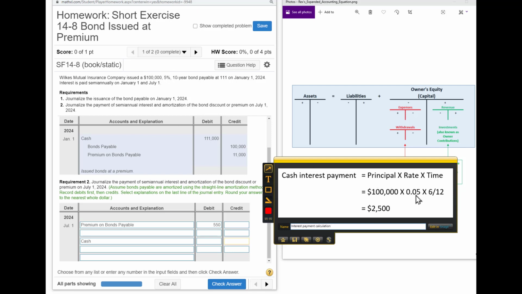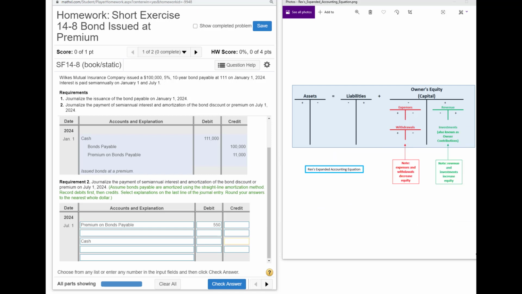And it's paid every 6 months, so you multiply by 6 divided by 12. So it gives us an interest payment of $2,500 for cash. You could also just multiply 100,000 times 5% and divide by 2. You get $2,500. So we're going to shell out $2,500 every 6 months.